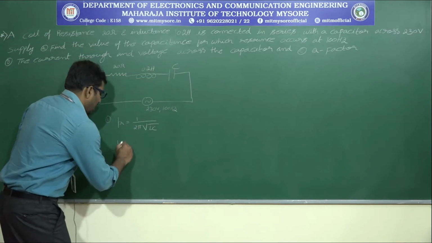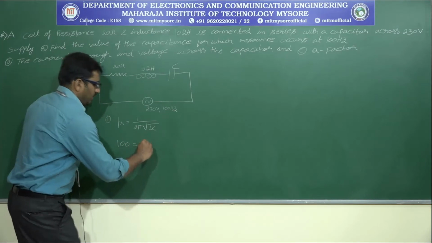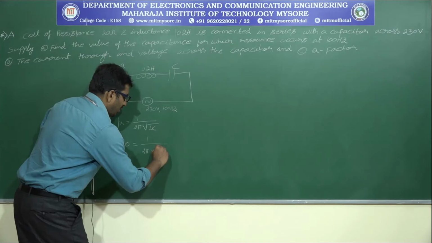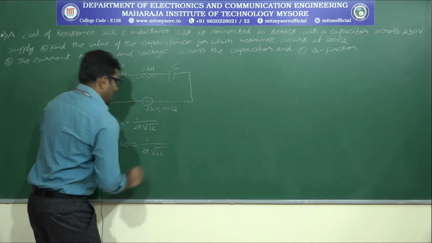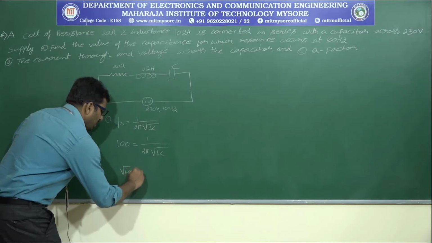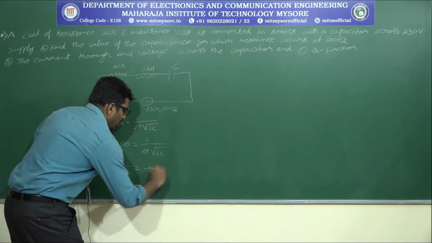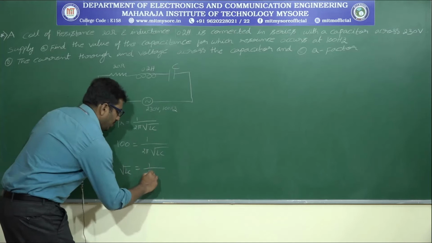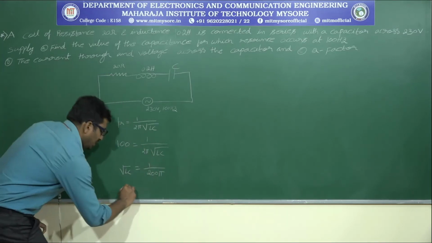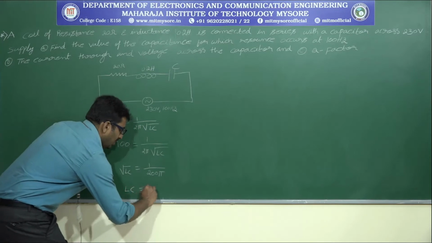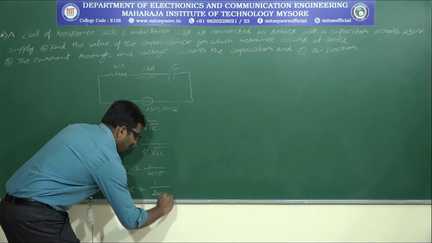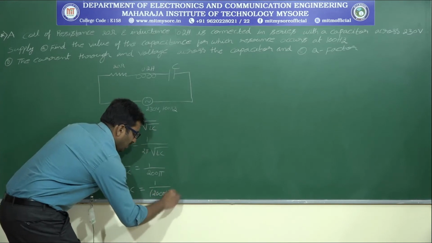So, 100 Hertz is equal to 1 divided by 2 pi square root of LC. Next, just cross multiply this. Square root of LC is equal to 1 divided by 100 into 2, 200 pi. Square on both sides. So, LC is equal to 1 divided by 200 pi whole square.